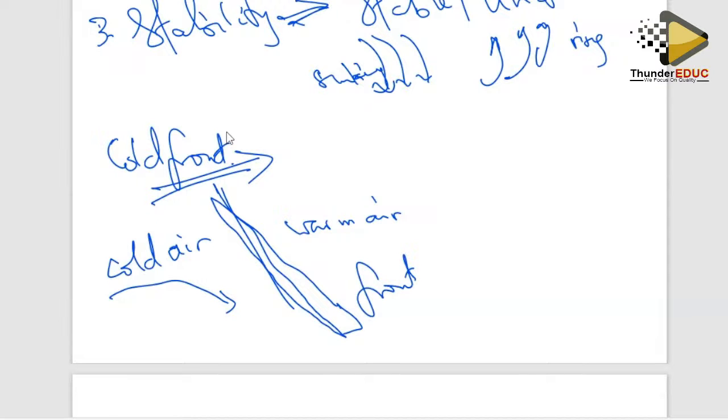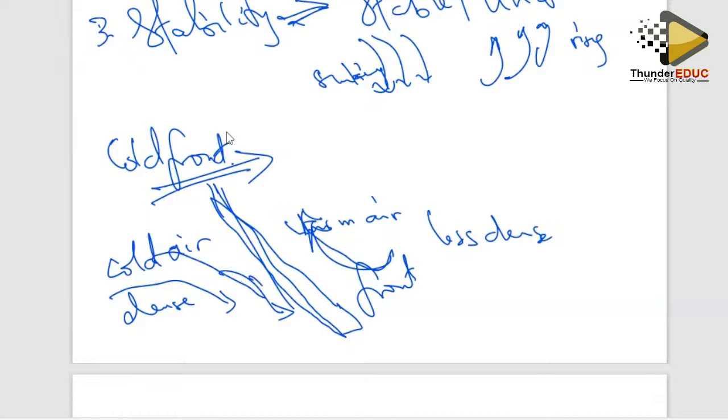These two air masses cannot mix, but this cold air, because of its density, is heavy. It's more dense, and this one is less dense. On the front, the colder air is going to undercut and the warm air is going to be uplifted because of its density. This one will gradually be forced to rise because it's less dense, while the cold air is going to occupy the lower parts of the atmosphere.